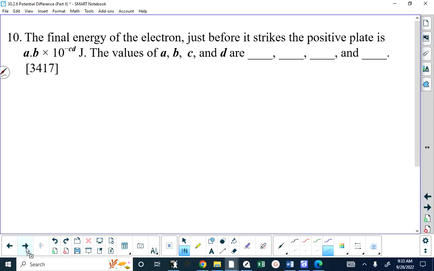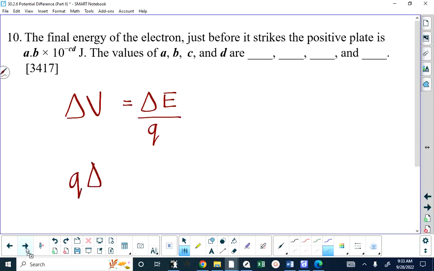Well, this whole lesson was focused around potential difference equals change in energy over charge. So when you cross multiply here, Ian, you get the charge times the potential difference equals the change in energy. And we know what the charge is because it's an electron, and we know what the voltage is, don't we?